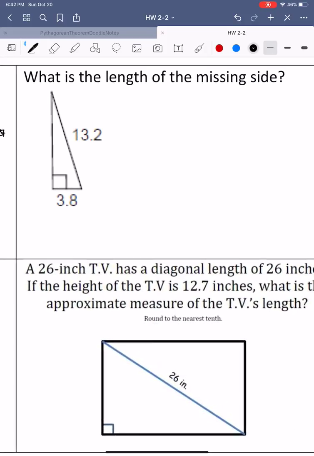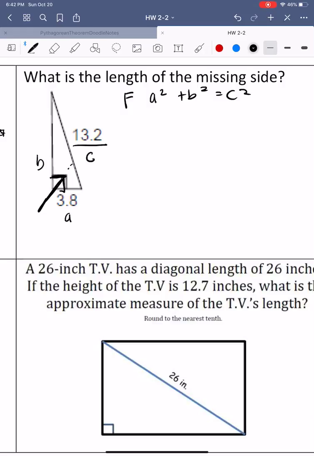And here's another one. Again, our formula. When you see right triangles, remember that this is when the Pythagorean theorem comes in handy. So A squared plus B squared equals C squared. And then here's our arrow. This is pointing to 13.2 equals C. And then A and B are other legs.